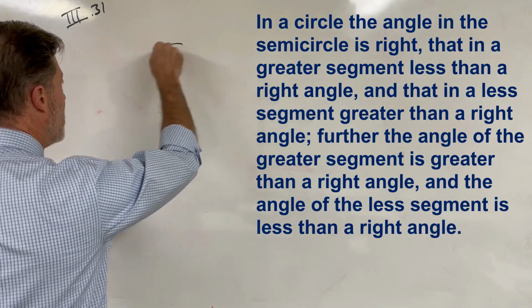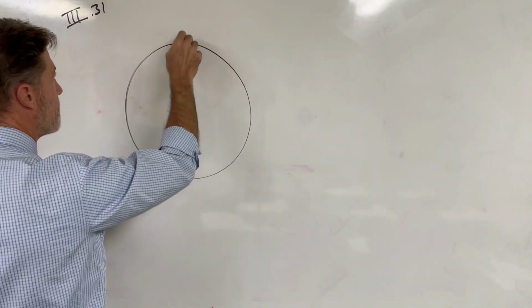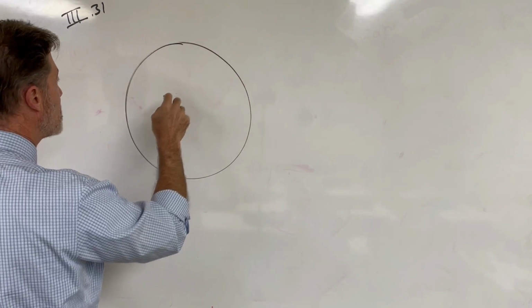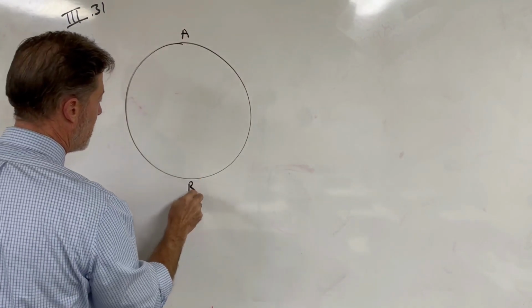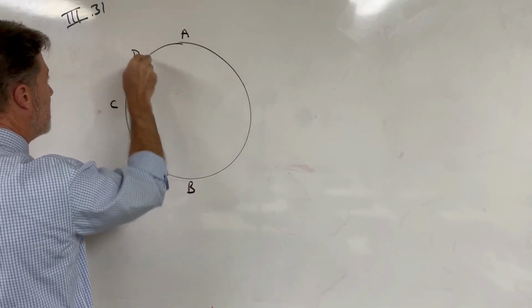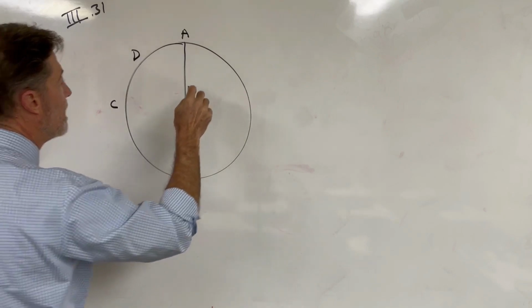There are 5 things we're going to prove here. It's probably easier to do it with a picture. So let's have a circle, circle A, B, C, D, and let AB be the diameter.